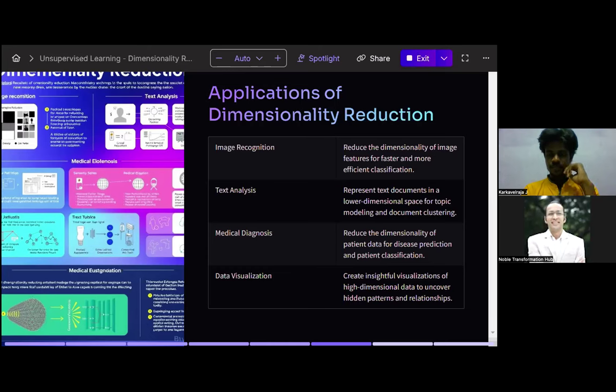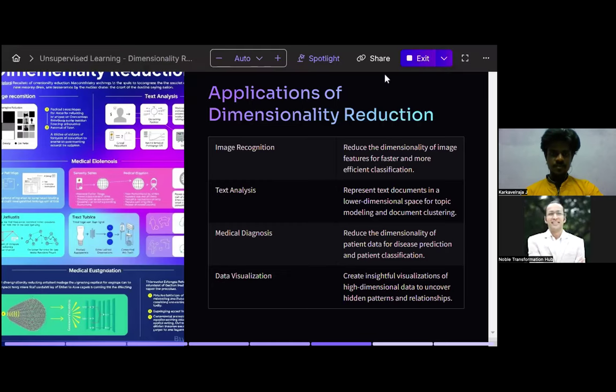So that is the objective. So whatever is done, data visualization helps us to show the right data and the hidden patterns and the relationships. These are the applications of dimensionality reduction. Let's move to the other slide.